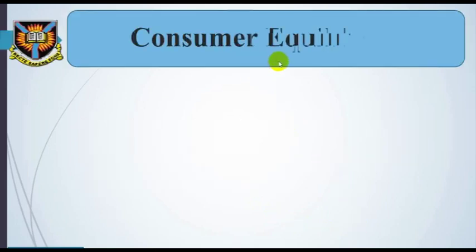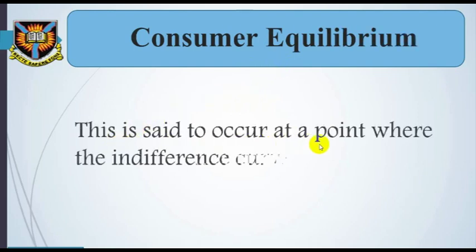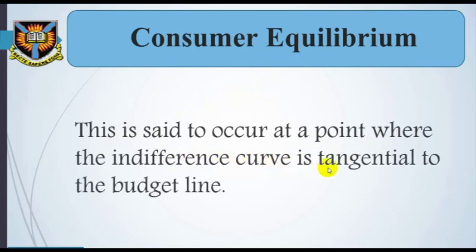Consumer equilibrium. This is said to occur at a point where the indifference curve is tangential to the budget line. This is shown in diagram 2.8 below.